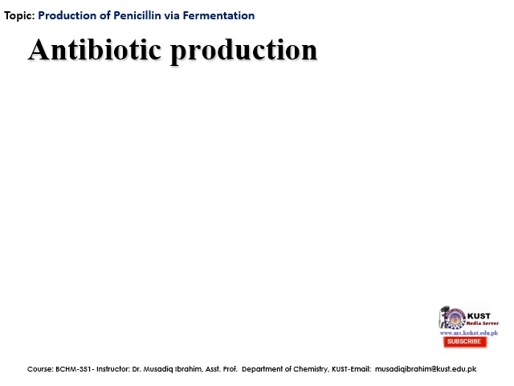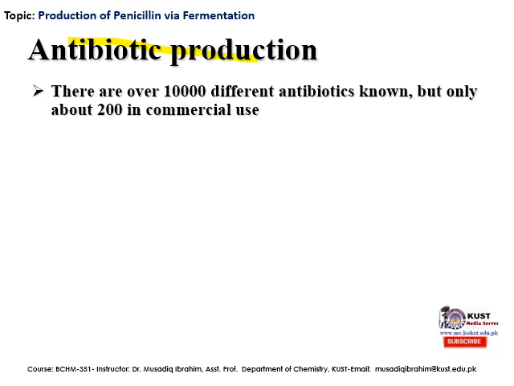Right, so moving towards antibiotic production. There are over 10,000 different antibiotics which are known in the scientific community, but only 200 are in commercial use. It means that the researchers are working and analyzing the drug efficacy of different types of compounds, and they have discovered around 10,000 antibiotics.